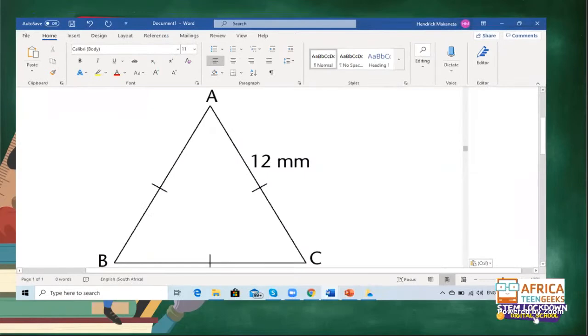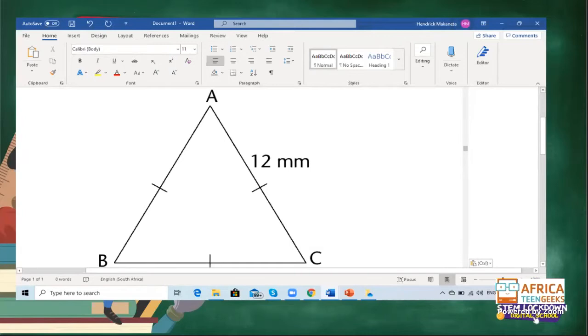We have an example on the board. Just like I said, we'll calculate the perimeter of our triangles. I want us to calculate the perimeter of this triangle. What will be the perimeter of this triangle? You can see in this triangle, we are given just one side, which is 12 millimeters.